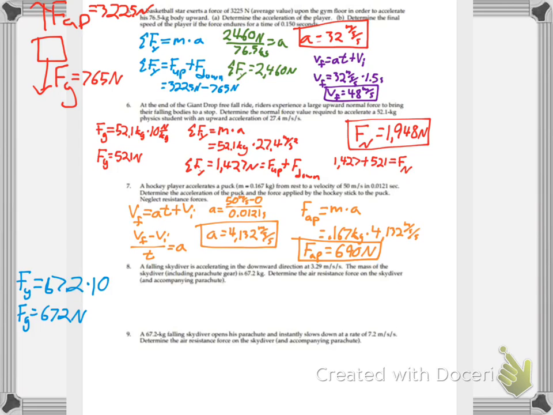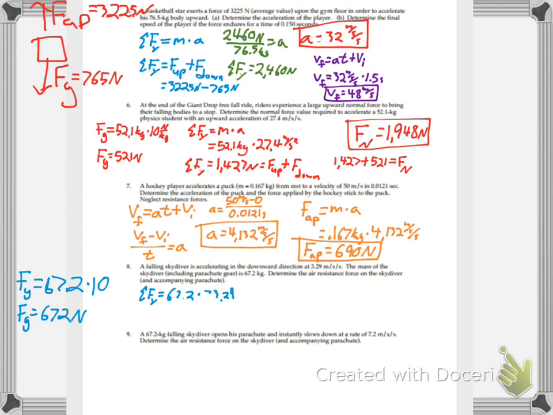And he is accelerating downward, so that would be a negative acceleration. We're going to want to find the sum of his forces in the y direction. That would be his mass, 67.2 kilograms, times his acceleration, which is negative 3.29.